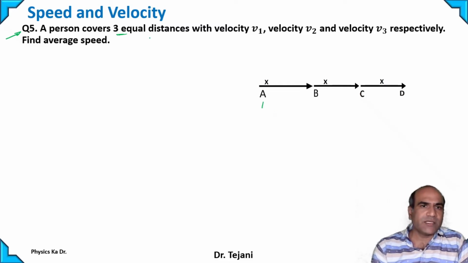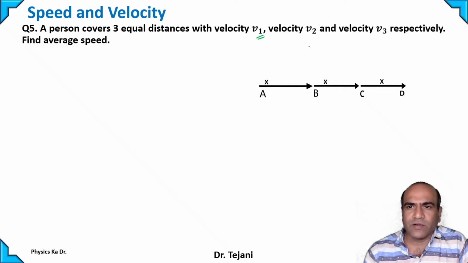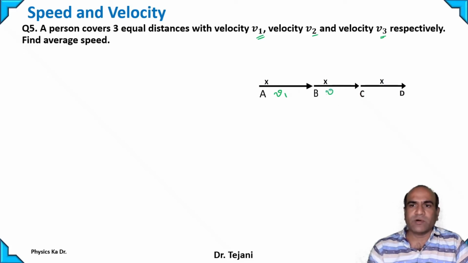It says a person covers 3 equal distances. Distances are equal, so x for each distance. With the velocity v1, v2 and v3 respectively, that means for the first distance the velocity is v1, for the second distance it is v2, for the third distance it is v3.